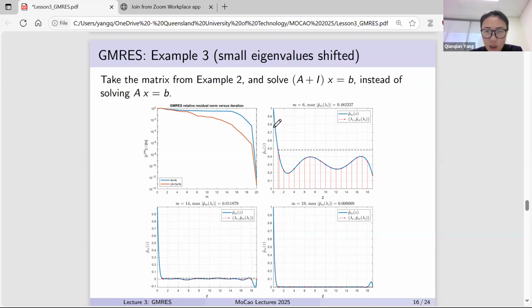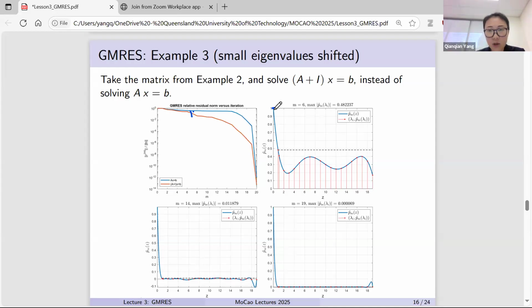So again, I'm plotting the polynomial, my PM tilde, over here for m equals 6. For m equals 6, that's roughly about here. You can see that this is me satisfying my condition, PM(0) has to be 1.